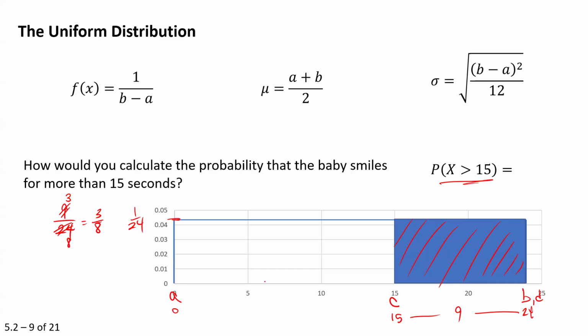Okay, so there's a couple of different ways in which you can look at this. You can look at it in terms of the area, the width of the rectangle and the height of the rectangle, or if you label things with A, B, C, and D, you can just remember our formula here.